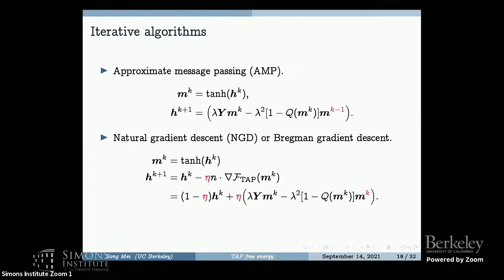And the only difference is that the time index k minus 1 is corrected to be the time index k, so that in NGD, the k plus 1's iteration only depends on the k's iteration, not the k minus 1's iteration. I think NGD is a more natural optimization algorithm if you don't know about this statistical model. If you're only in the optimization community, perhaps you prefer NGD over the AMP algorithm for optimizing this type free energy. And the good thing about NGD is that it's a descent on the type free energy.